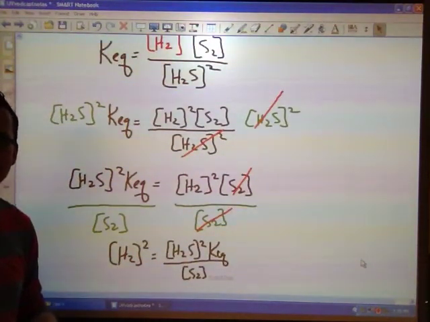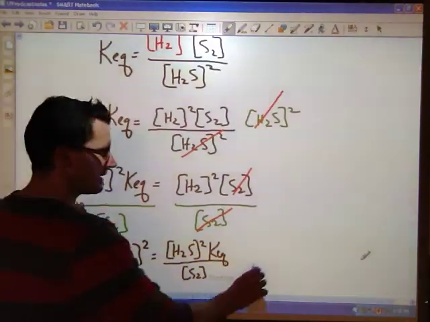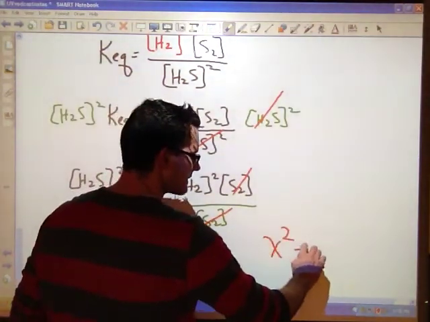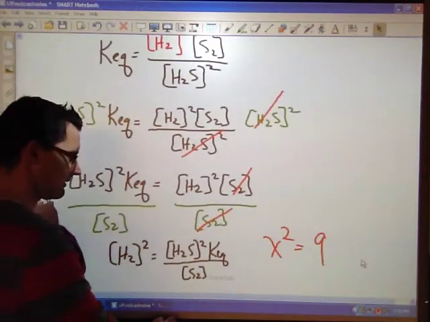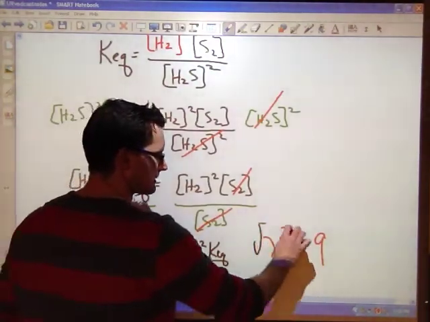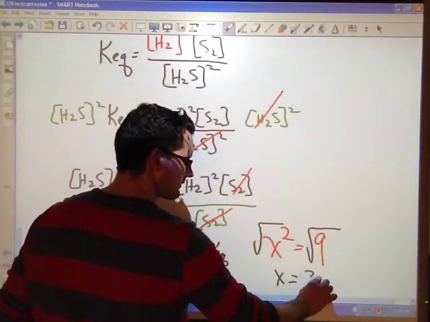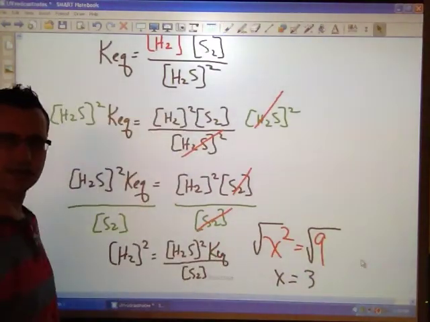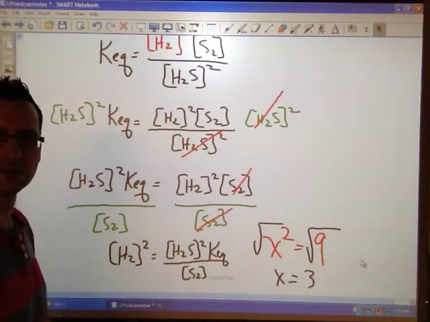Of course I don't want H2 squared, I want H2. It's very similar to this: how do I solve for x in this case? You may recall from math, take the square root of each side, and x would equal the square root of 9, which is 3. Technically it's plus or minus 3, but we'll just worry about the principal, or positive, root.